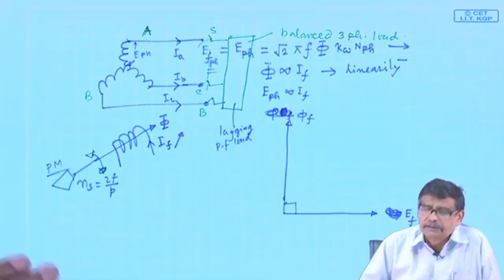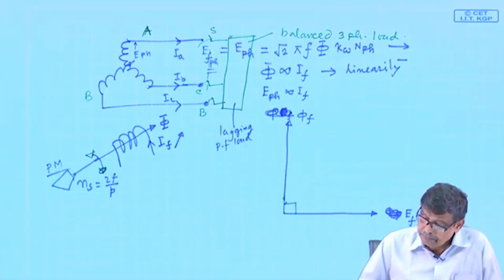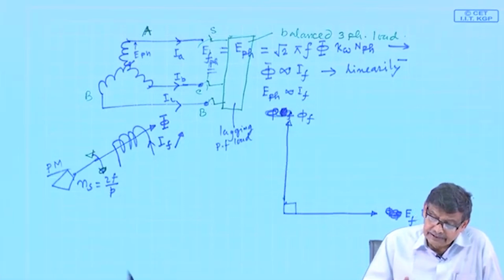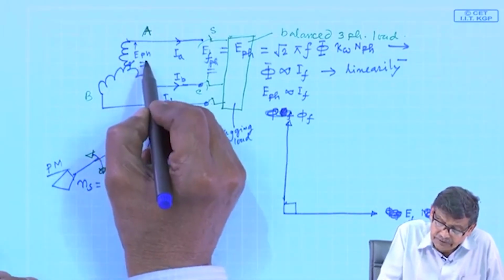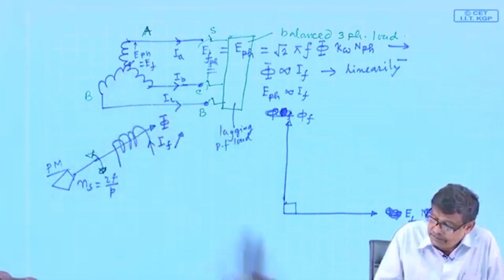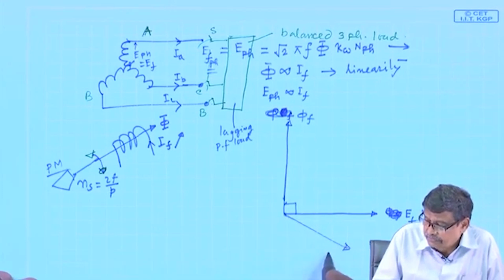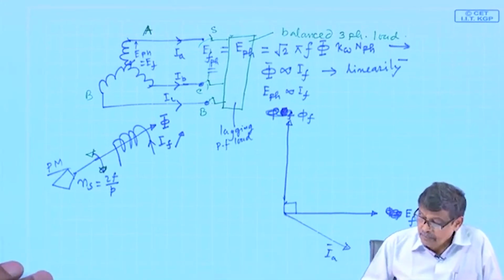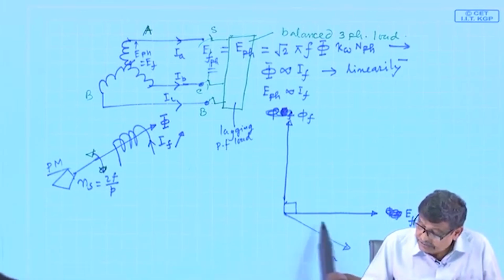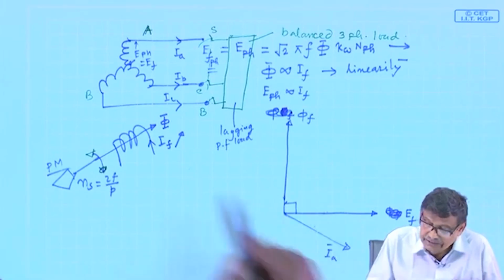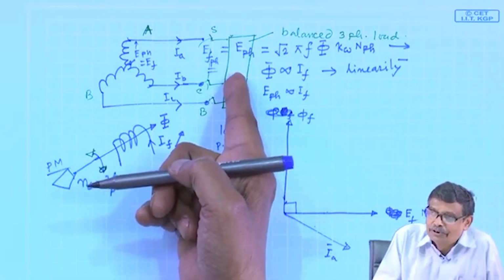Suppose with this EF, the armature current will be like this. Of course, you must understand this angle is not the power factor angle of the load.